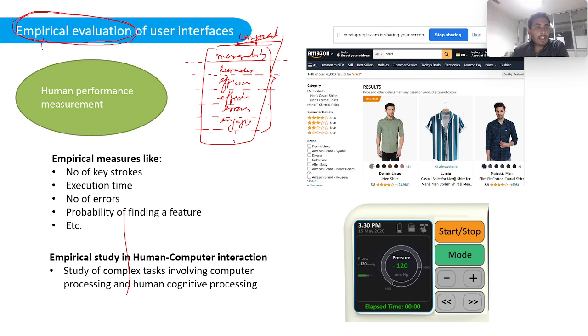So what do we mean by empirical? Something is measurable, and when we repeat the measurement, it should give the same result. So: repeatable, measurable, and a scientific method.